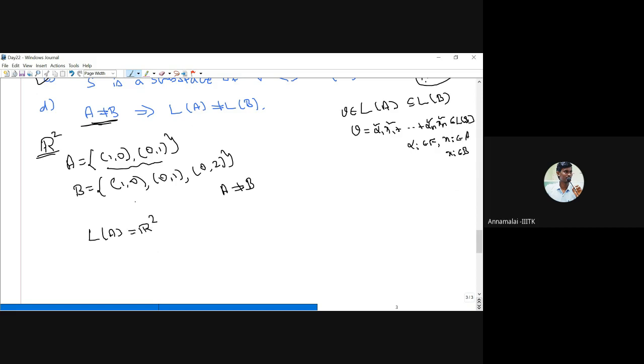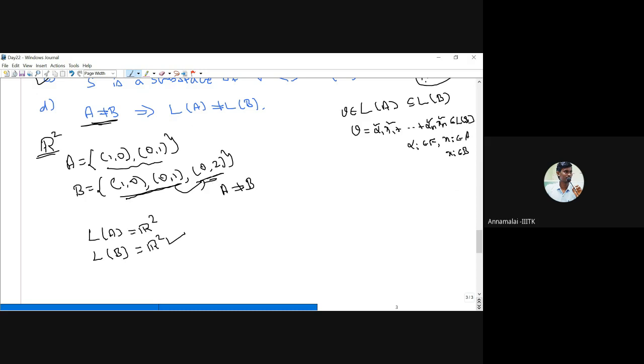Even if you take L of B, this is again equal to R2, because the last element is nothing but a scalar multiple of the second element. If you multiply by 2, you get this one. Therefore, only these two elements are enough to span the entire space R2.